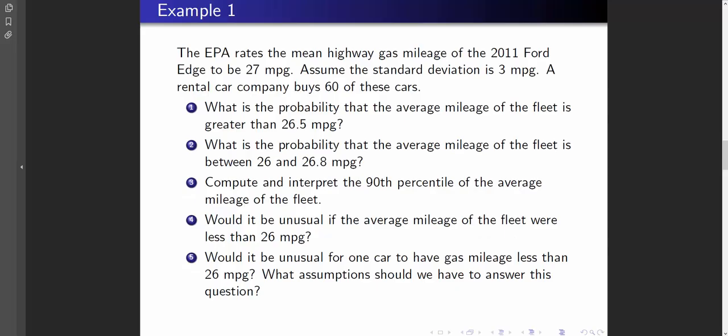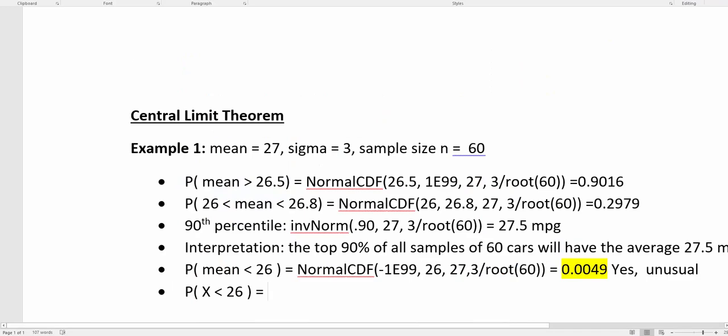Now let's take a look at the last problem. Would it be unusual for just one car to have gas mileage less than 26 miles per gallon? And what assumptions should we have to answer this question? Well, if we want to use the normal distribution, then we must assume that all MPG is normally distributed. So let's do the computation first. Normal CDF. Where are we going from? From negative infinity to 26. The mean is 27, but now we're talking about one observation, not the sample mean anymore.